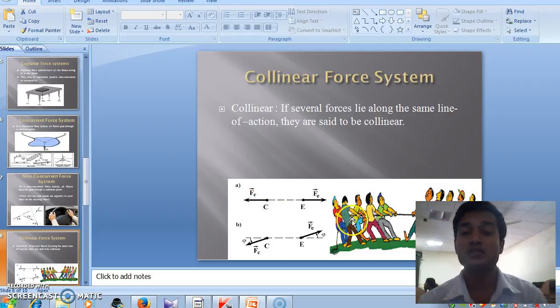Here this group of boys pulls the rope in this direction, and this group of boys pulls the rope in this direction. So these are two forces acting along the same line of action. That's why this type of force becomes a collinear force system.